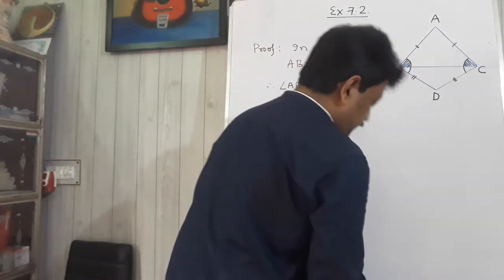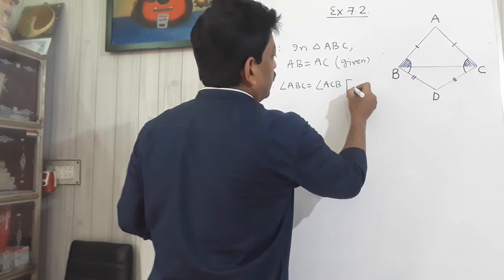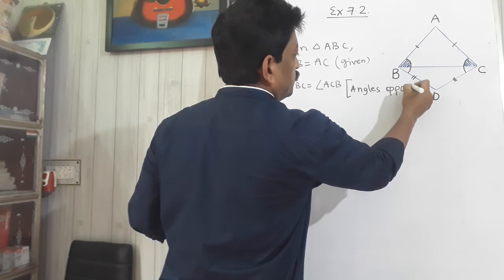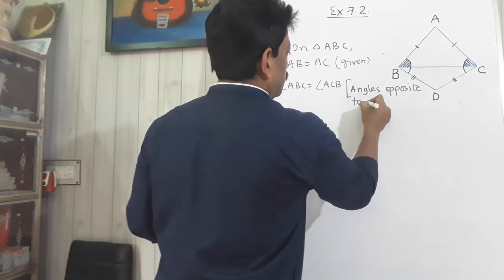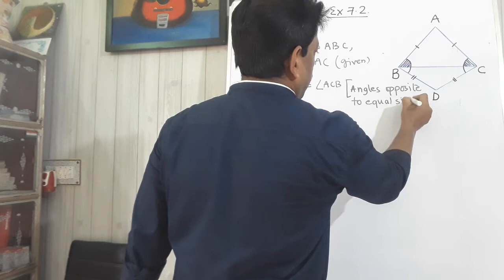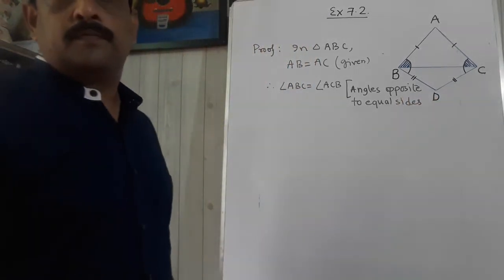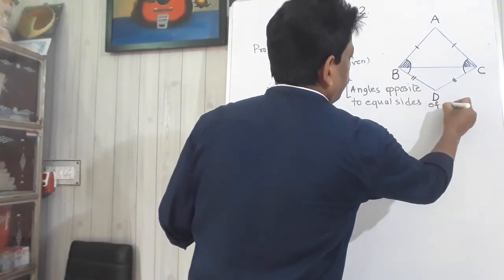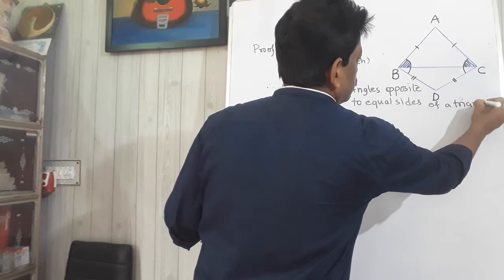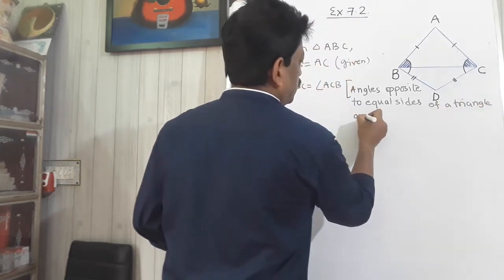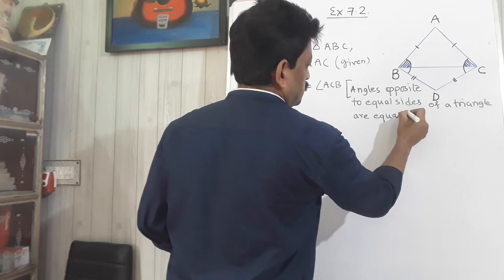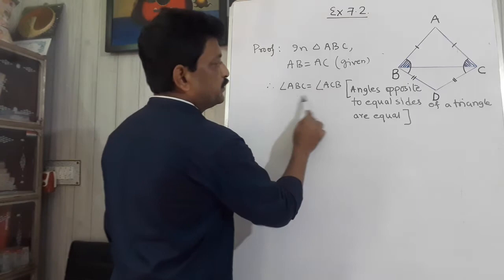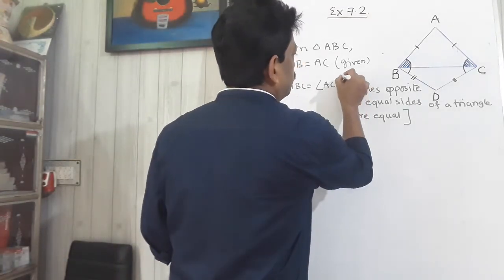We have got this in the theorem. So in reason we should write: angles opposite to equal sides of a triangle are equal. The sides are equal, therefore the opposite angles are also equal. Make this as equation number 1.